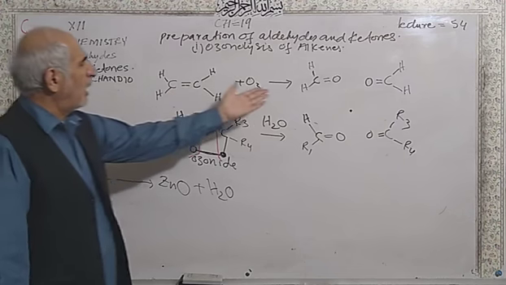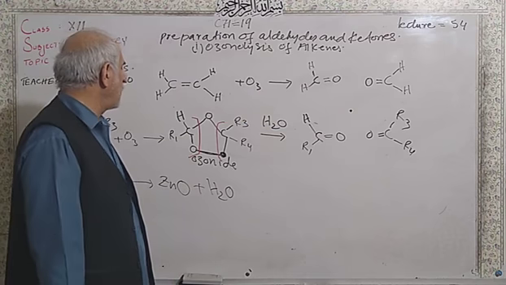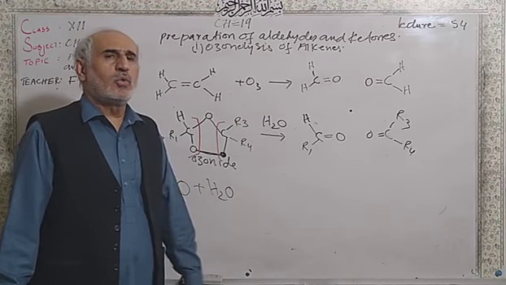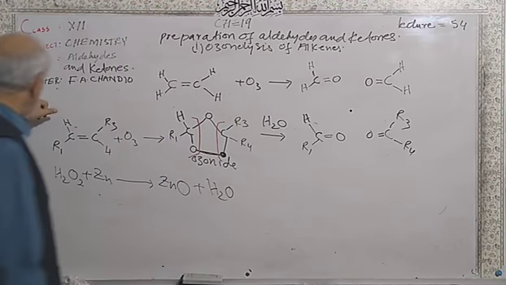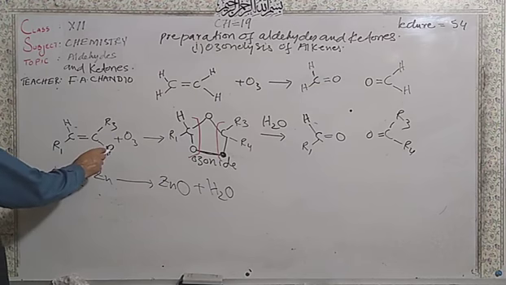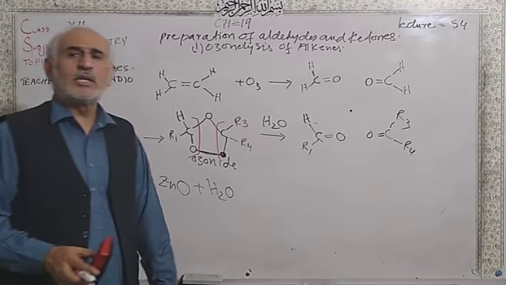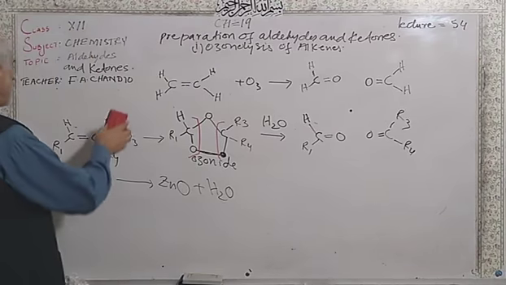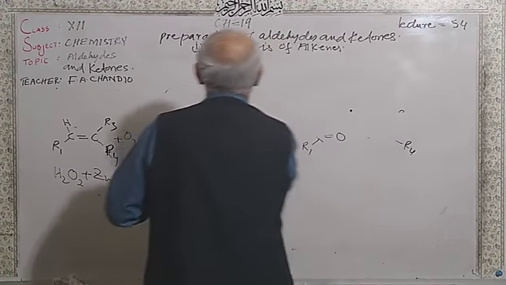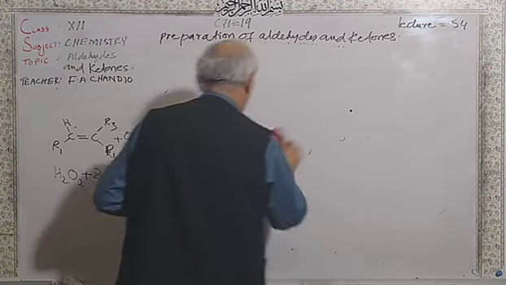Just like ethene, I get the same aldehyde, formaldehyde. If I put alkyl here and alkyl here, then I will get two acetaldehydes. If the hydrogen is there and the alkyl groups, then I will get one aldehyde and one ketone. So it's your choice. So this is the ozonolysis, the first method.